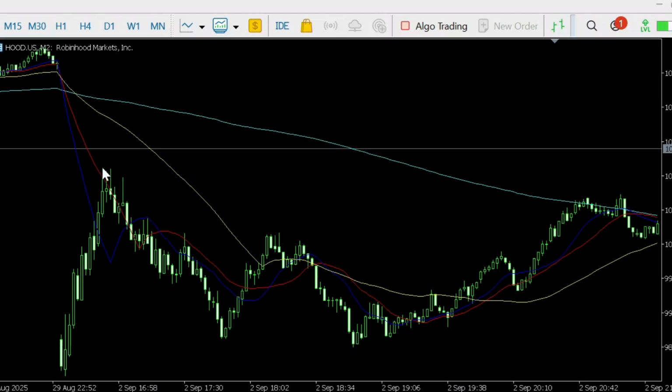The 20 moving average on top of any price action, on top of your candles, means that it's playing a resistance role and you have to be trading towards the downside. And when you see the 20 moving average at the bottom of your candles, it means it is going to be playing a supportive role. So in that case, you'll be trading towards the upside, making buy trades.